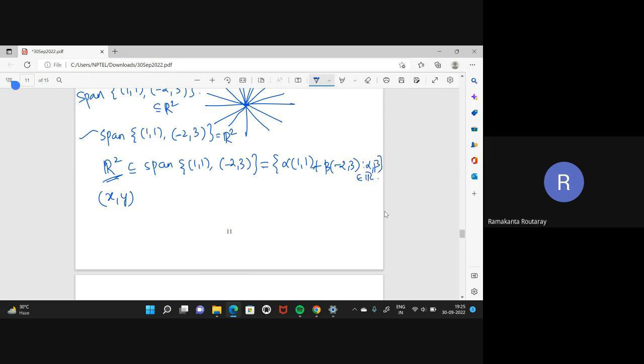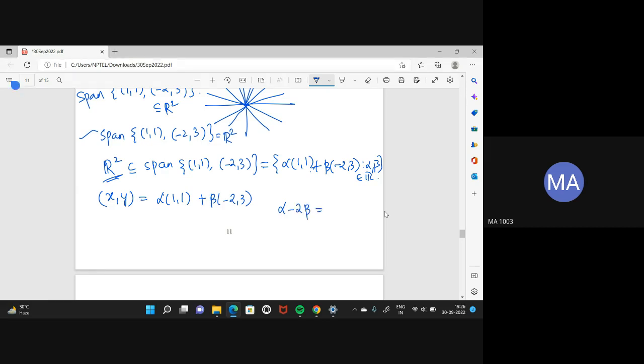Yes, ma'am. Can I write (x, y) as a linear combination of these two vectors? Can I write it as alpha times (1, 1) plus beta times (-2, 3)? Yes. Yes or no? Yes, ma'am.